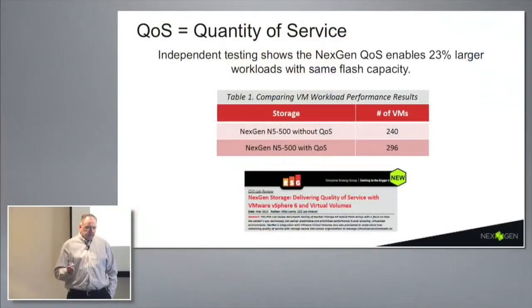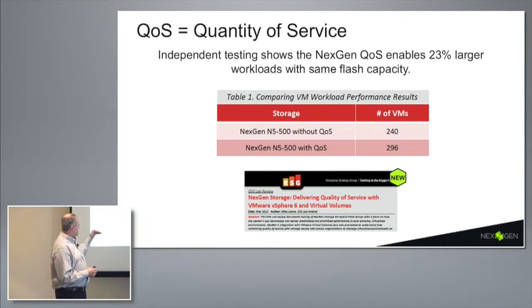Okay, and then we did another validation where we looked at VM density and the value of our quality of service. This was an interesting result: we ran our system with no QoS and measured how many virtual machines we could support, and then we ran it with QoS turned on, and we get 23% more virtual machines.